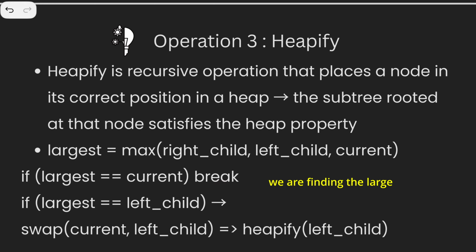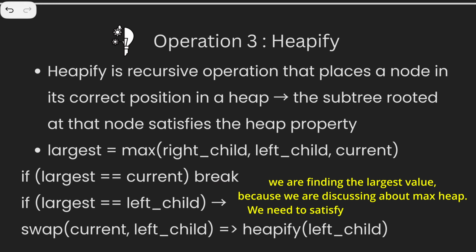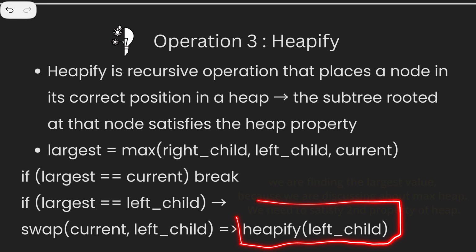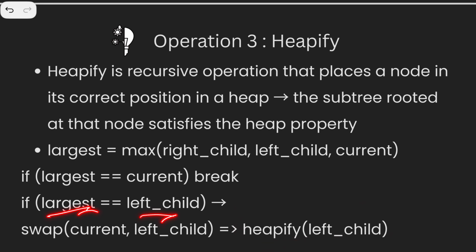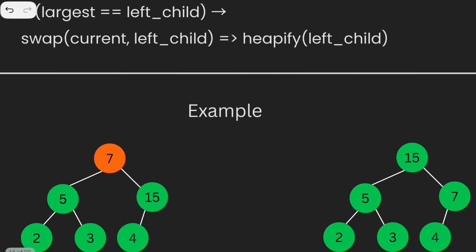But if the left child is larger compared to the current node, then simply we are going to swap our left child with the current value. So this swap might end up breaking our heap properties. So we need to heapify the left child as well. Same thing goes for the right child. If the largest value is the right child, we simply swap the current node with the right node. Now that swap might end up breaking our heap. So we need to heapify our right child as well.